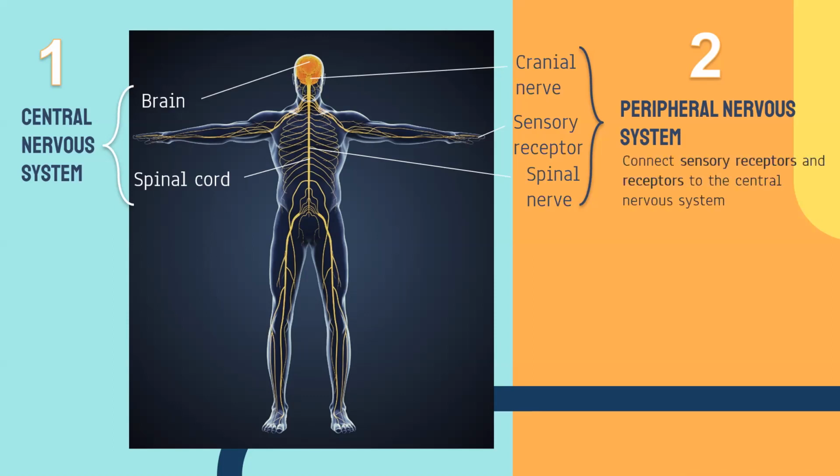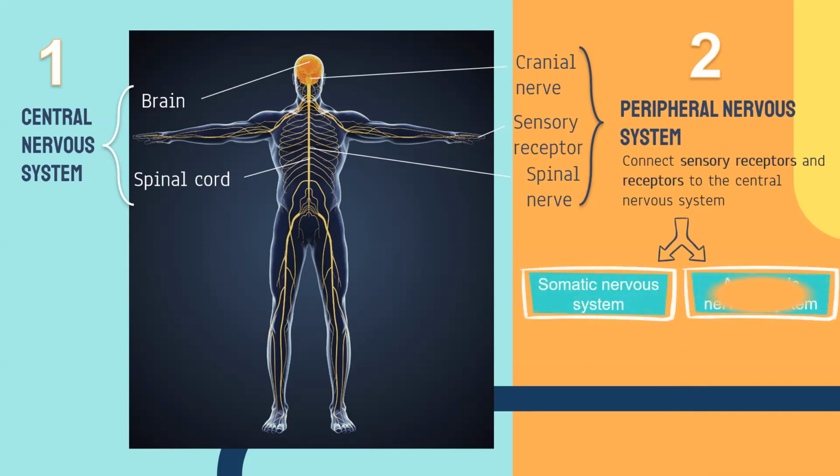So what is the function of the peripheral nervous system? To connect the sensory receptor and effector to the central nervous system, which is the brain and spinal cord. So basically there are two types of nervous system, which are the somatic nervous system and the autonomic nervous system. But what are the differences between these two?